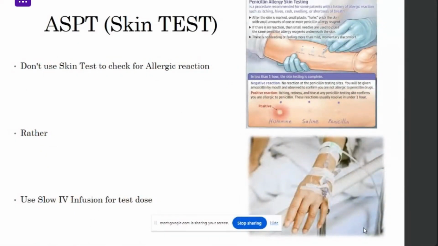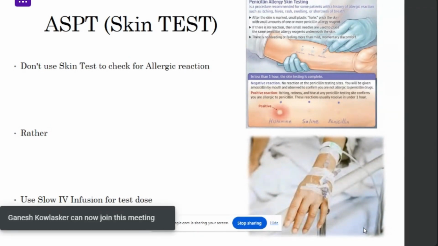Then the skin test. Many times you will see a skin test being done before starting an antibiotic. I'll say don't use a skin test. It was identified in the year 1985 where the T cell reaction is noted for penicillin. It is ideal for penicillin, penicillin G kind of reaction, but using a slower infusion will help the patient better.